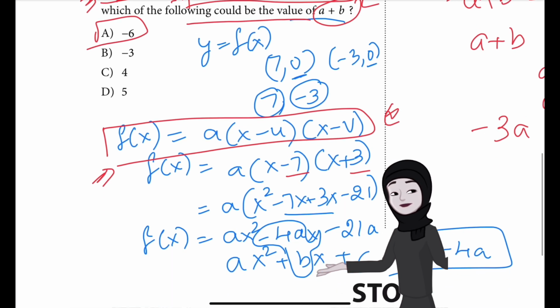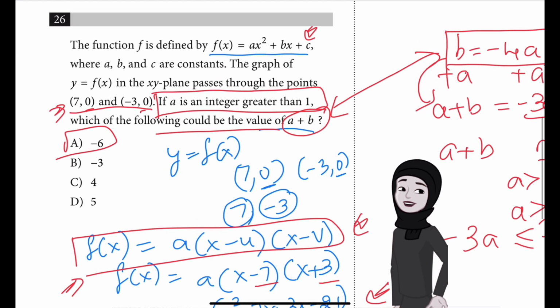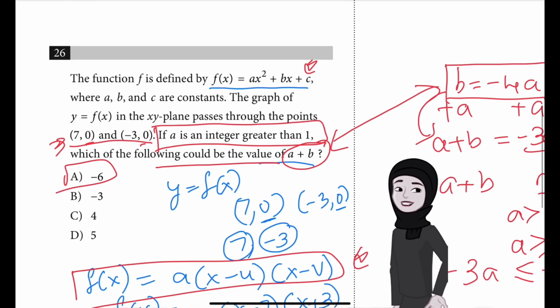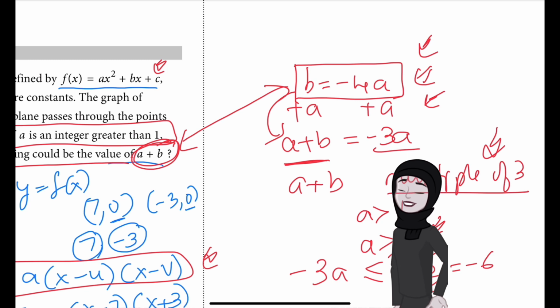After we expanded it and compared it to the quadratic form, we saw that b is equal to minus 4a. We don't need b, we need a plus b, which is why we add a to the value we found, so that we get a plus b.